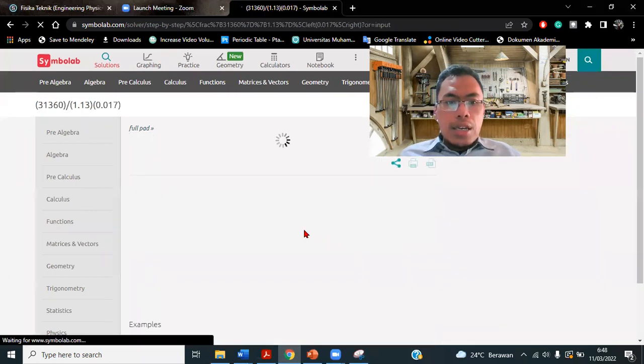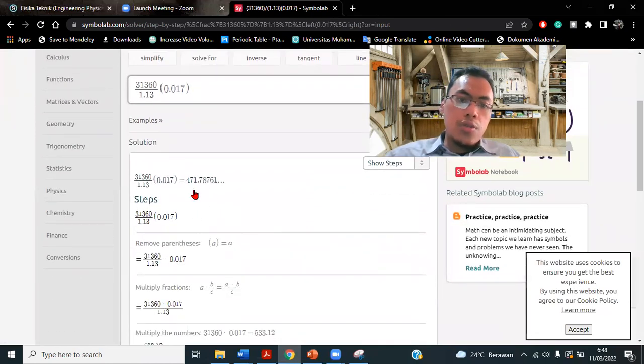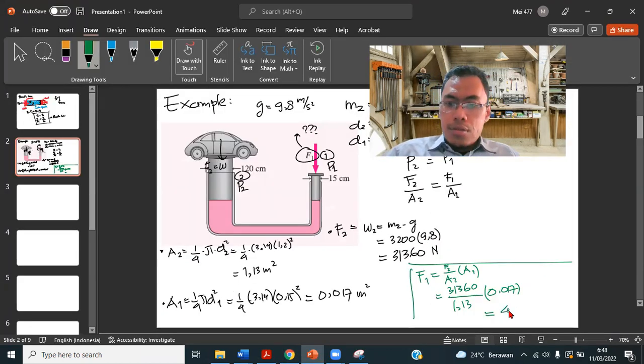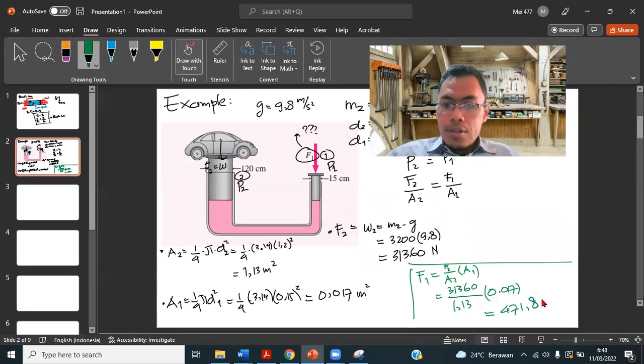Enter, and we got 471.8 Newton, 0.8 because I rounded 7.8 up to 8.